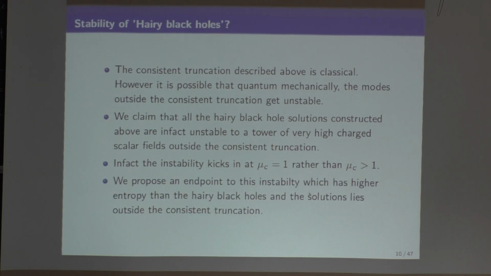And we propose an endpoint to this instability which has higher entropy than the hairy black hole solutions, and these solutions lie outside this consistent truncation. I will show that the expectation value of all the higher charge scalar fields is non-zero in this background, even before the quasi-normal modes of that scalar field become zero.